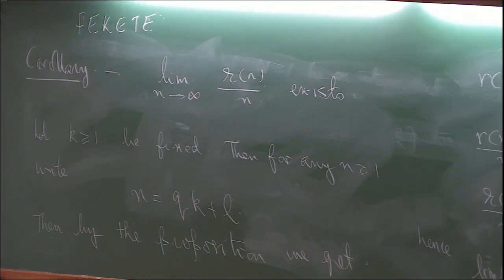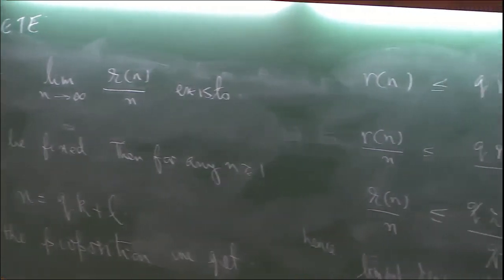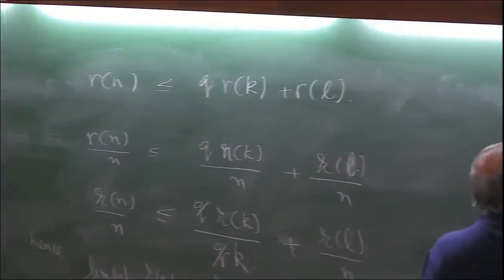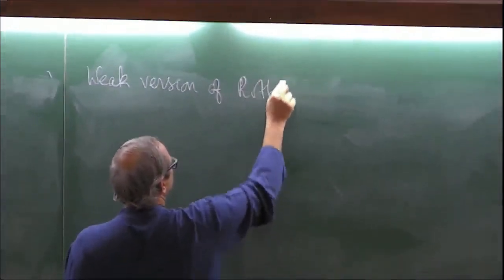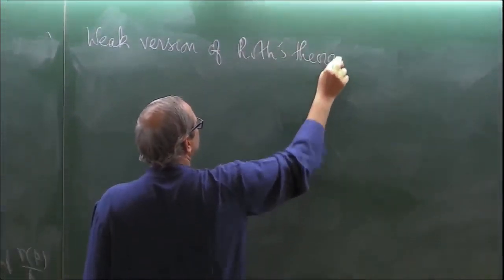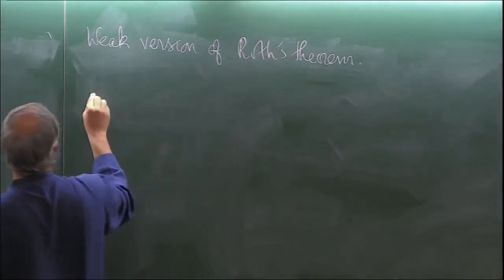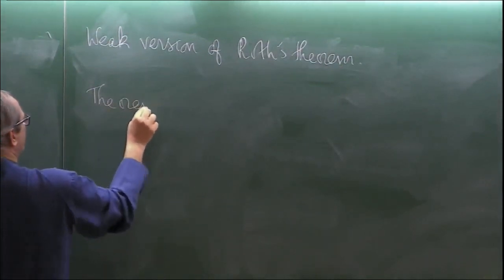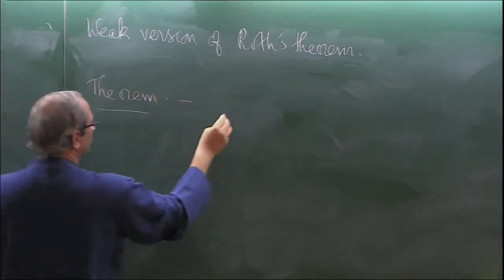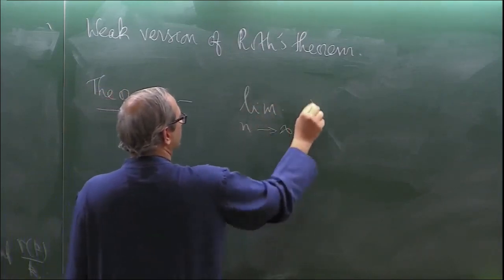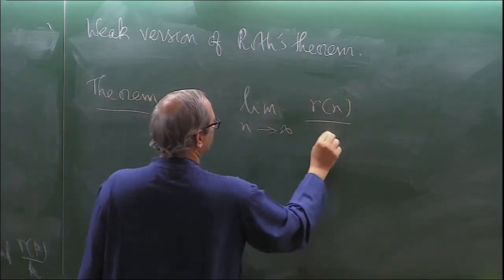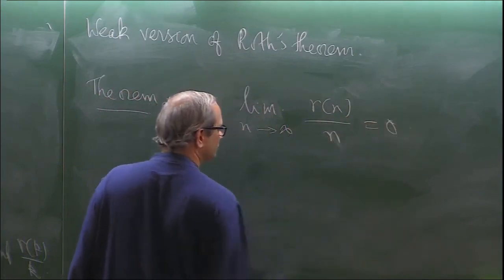So the weak version of Roth's theorem is the theorem that the limit as n tends to infinity of Rn by n is actually 0.